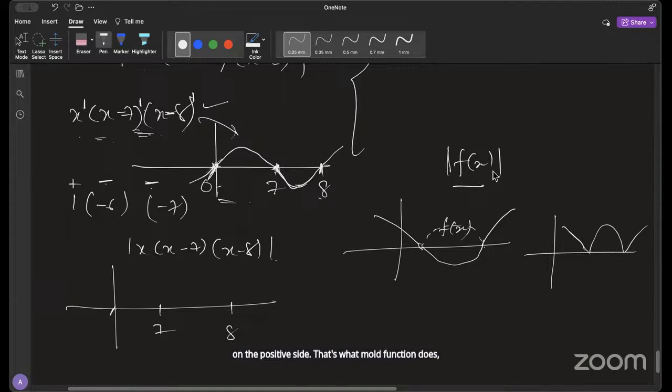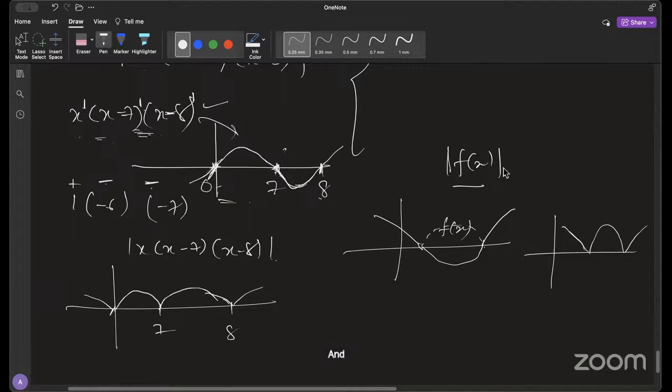If you have any negative value, it makes it positive. So if you have a negative value here, it will translate to this point here, right? This is already positive, so no effect on this one. And then this one gets translated, so it will be this thing here. This is already positive, no change here, and this will get translated here, right?